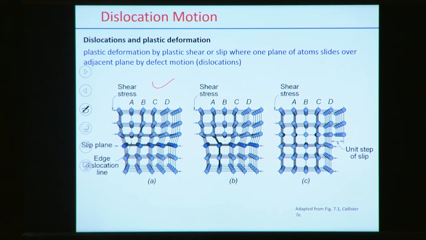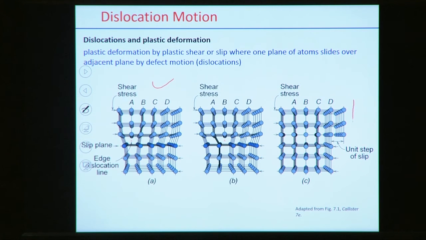Now with the application of shear stress, there is a gradual movement of the plane of atoms. Looking at the planes of atoms A, B, C, D, finally it leaves like that, A, B, C, D transition, and it will produce the unit step of the slip.